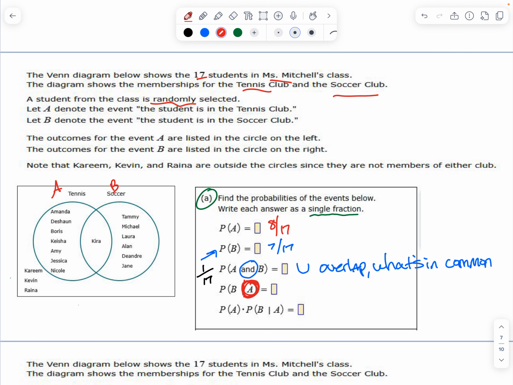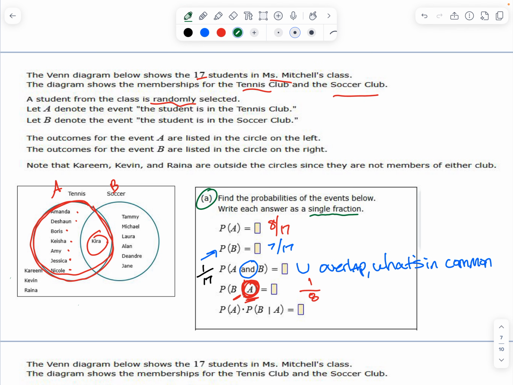Okay, so tennis has to be our denominator. So how many people are in the tennis bubble? 1, 2, 3, 4, 5, 6, 7, 8. So that's our denominator. And out of those 8, because that's what we're forced to work with, that's the condition. How many play soccer? Well, that's just Kira. So it's 1 out of 8 chances.